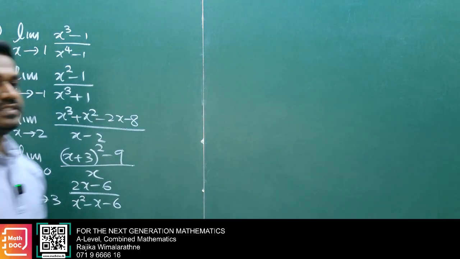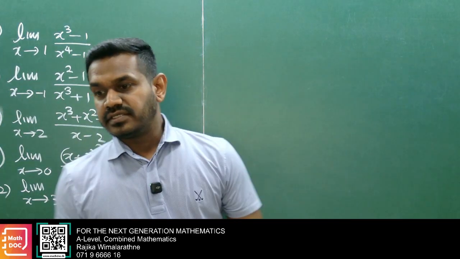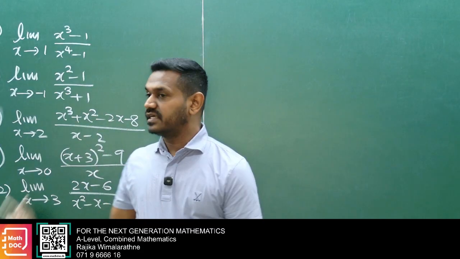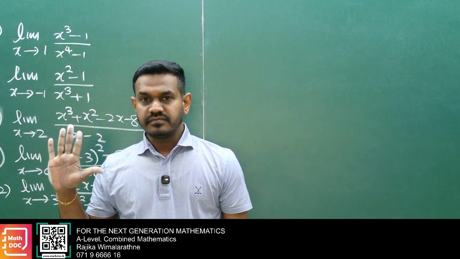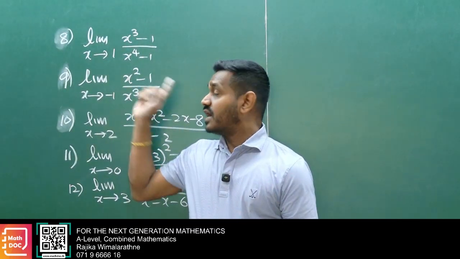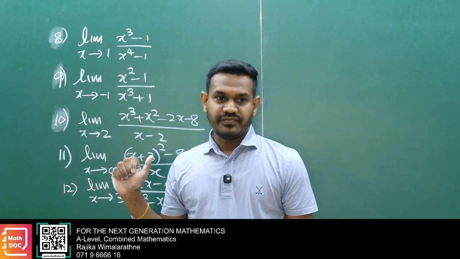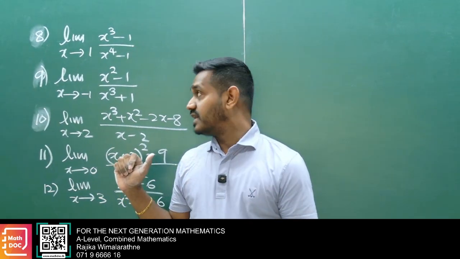Here this pattern is very easy to identify. So that is rational type. Thereafter we have a common factor, 0 divided by 0, undefined relation.